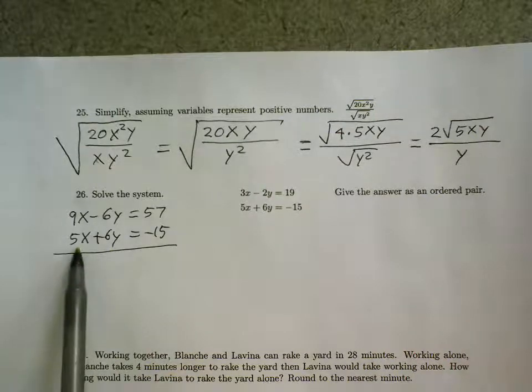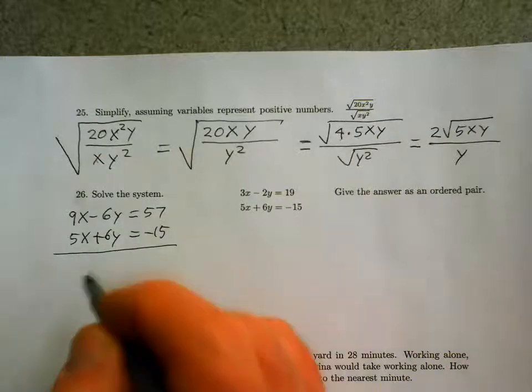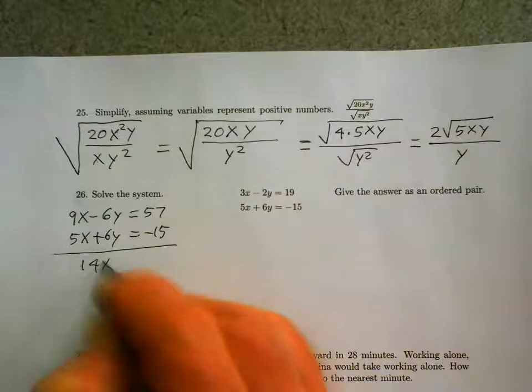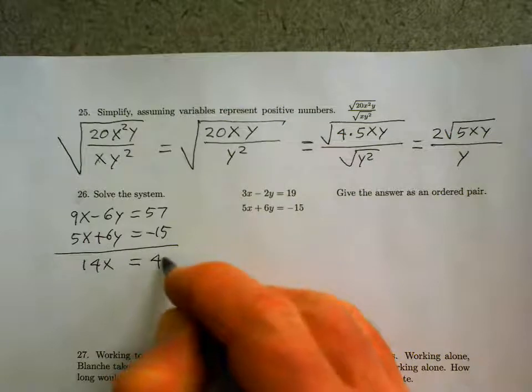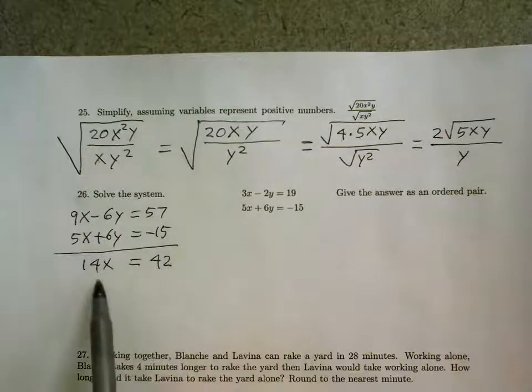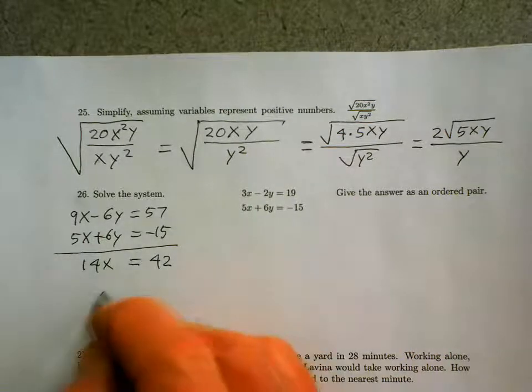And so on the left-hand side, 9x plus 5x is 14x. On the right-hand side, 57 plus negative 15 is positive 42. Then divide both sides by 14, we get x equals 3.